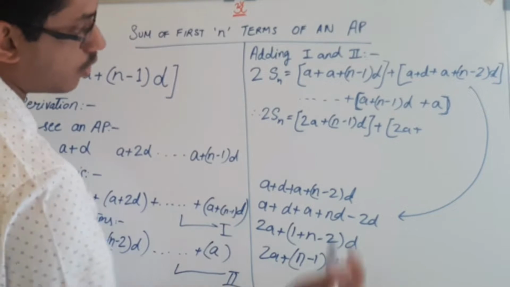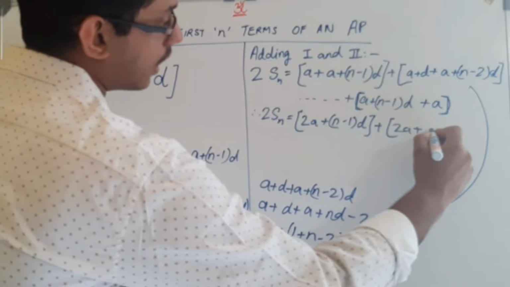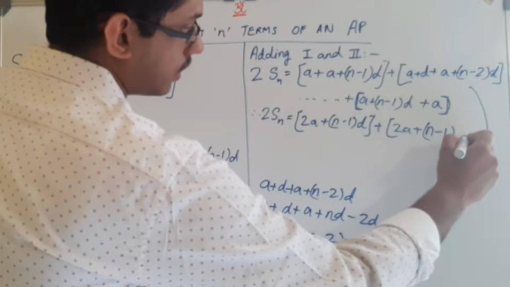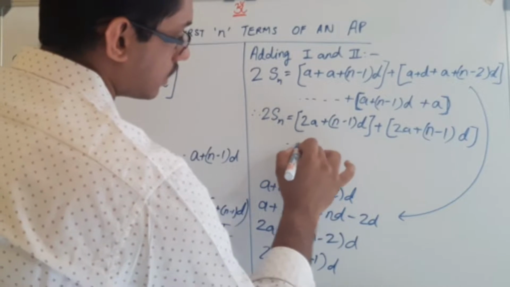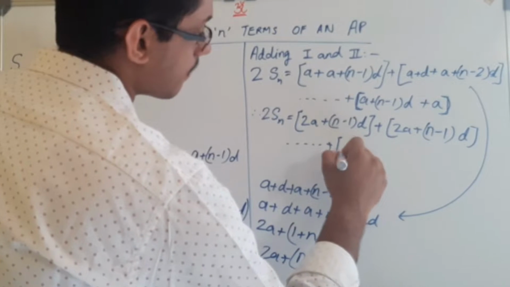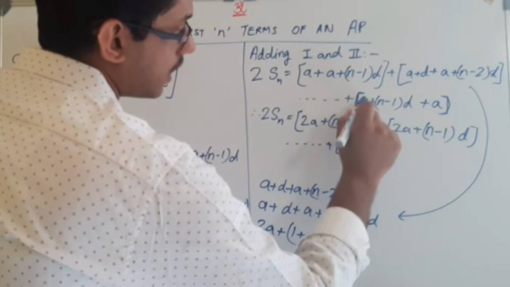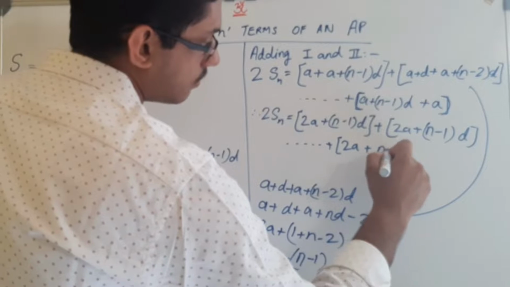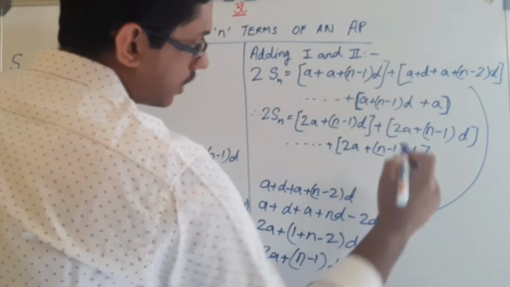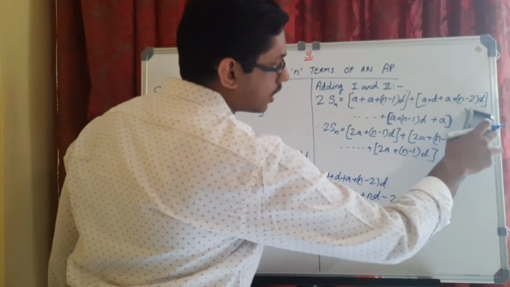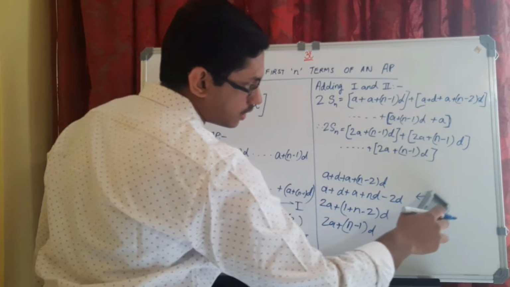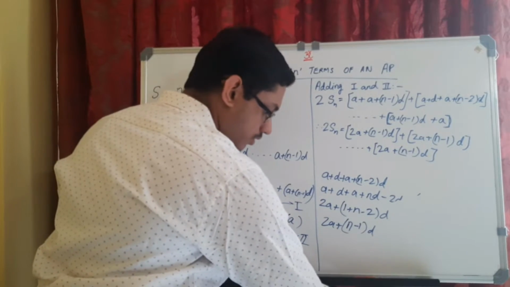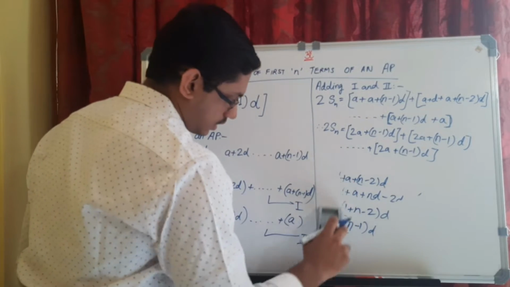Okay, so this we will have to write here again, n minus 1 d. Then it continued plus again here A plus A is 2A plus n minus 1 d. So what you can see, I am erasing this. Okay, I hope you understood what I am showing here.